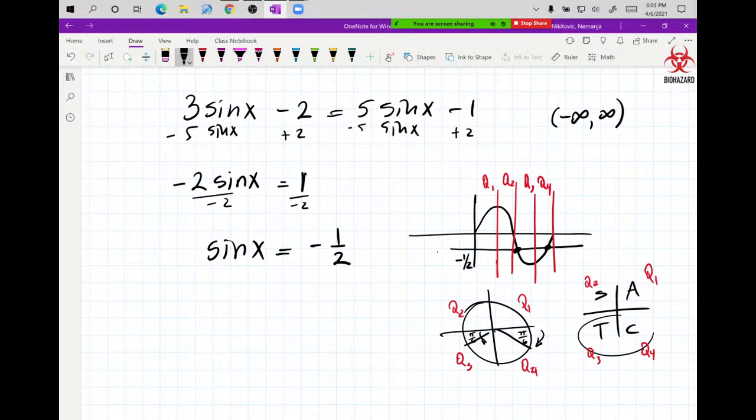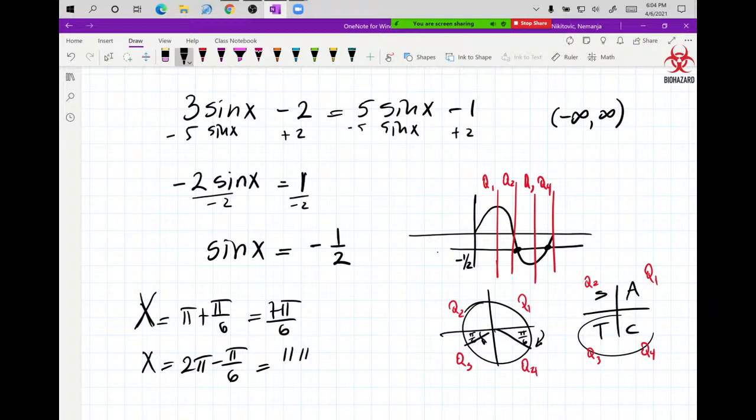So you are looking for the first solution, which would be pi plus pi over 6, which is 7 pi over 6. That will be your first solution. And the second solution is going to be 2 pi minus pi over 6, which is 11 pi over 6. So those are the two basic solutions that we have in our first period from 0 to 2 pi.